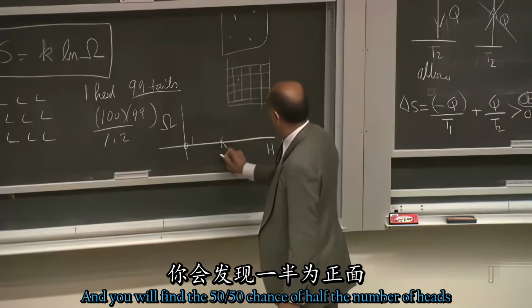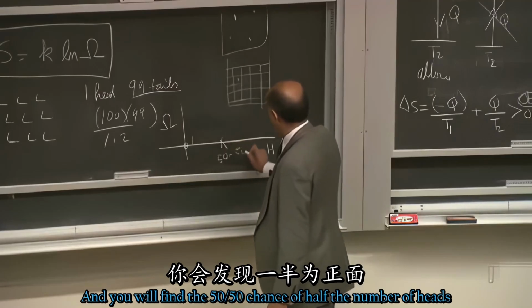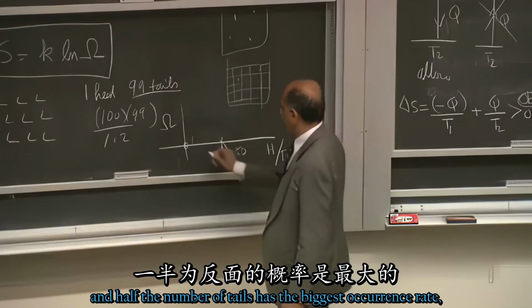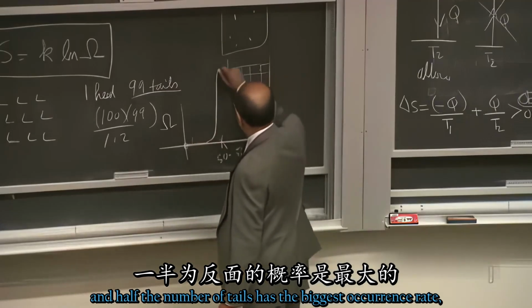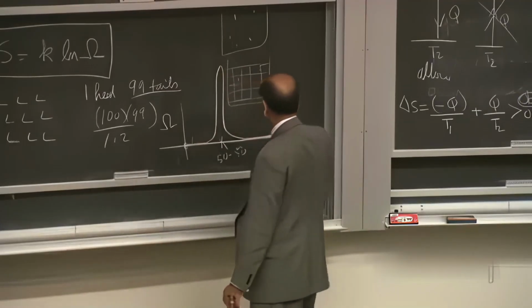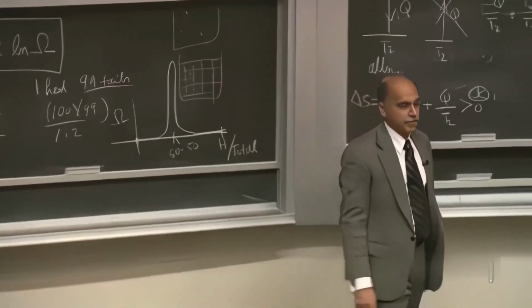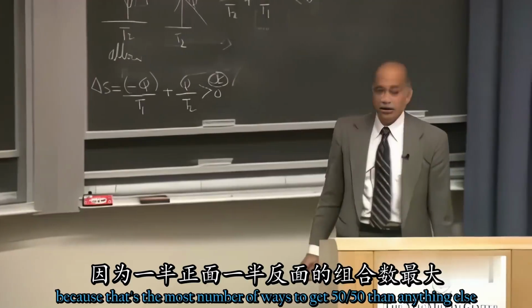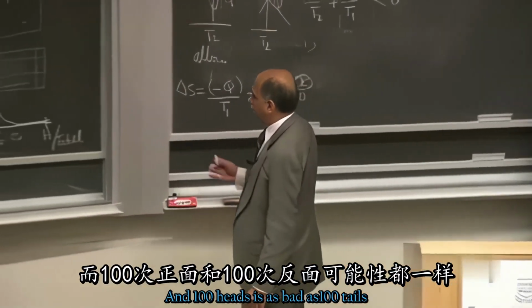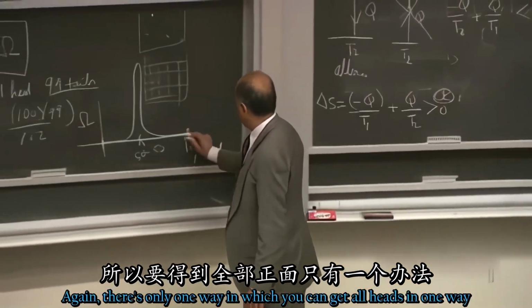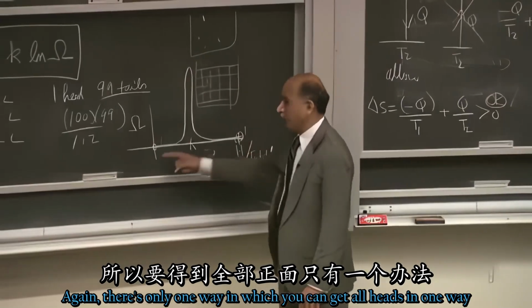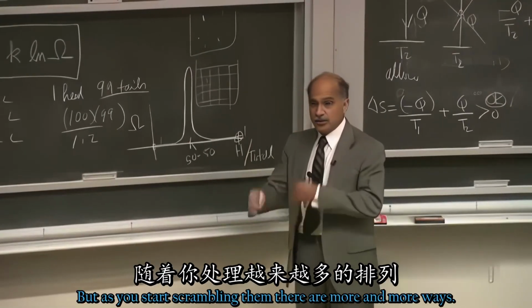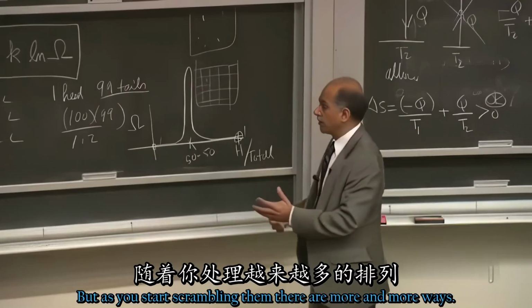And you will find a 50-50 chance, half the number of heads and half the number of tails, has the biggest occurrence rate, because there's the most number of ways to get 50-50 than anything else. And 100 heads is as bad as 100 tails. Again, there's only one way in which you can get all heads and one way in which you can get all tails. But as you start scrambling them, there are more and more ways.